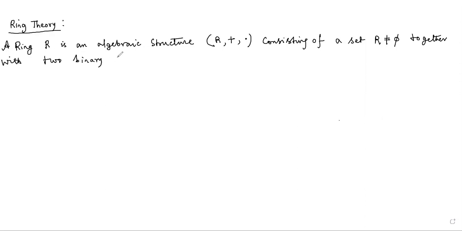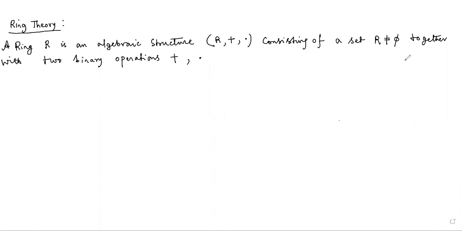When we say binary operations, that means we are declaring that the set R with respect to the operations defined is closed. If we do not declare that plus and dot, the two operations defined on the set, are binary operations, that means you haven't told anything about the closure property of the set.